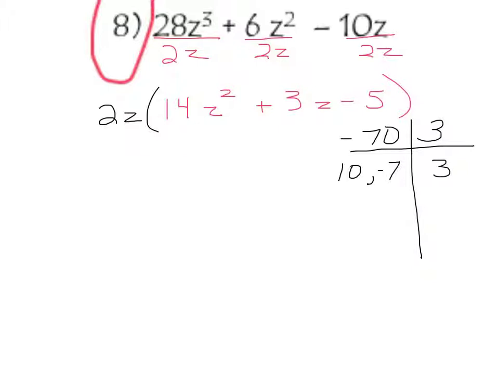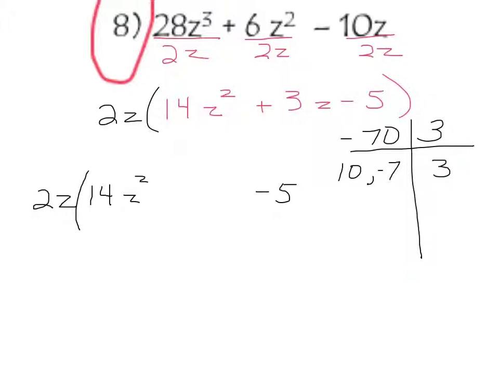Okay, now we keep our 2z around, and then we rewrite what we had, 14z squared, and we're going to have a minus 5 over here, but then we add 10 and subtract 7, only I recommend you subtract 7 first.